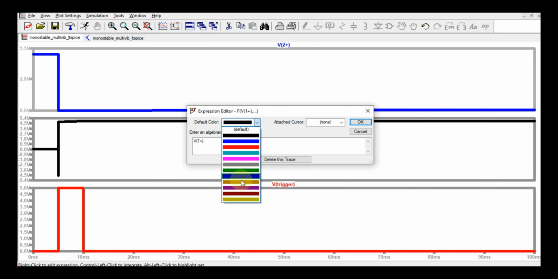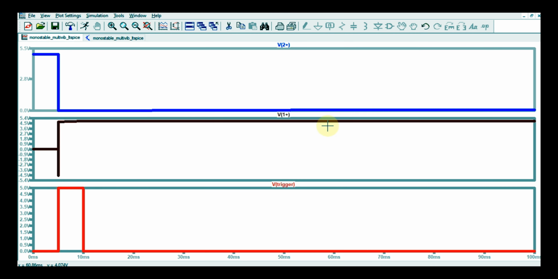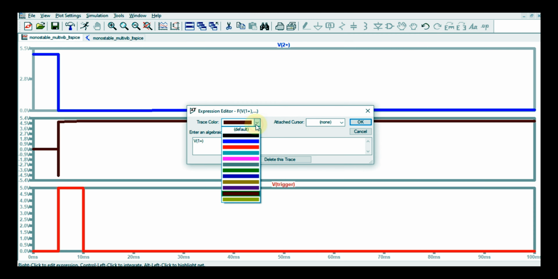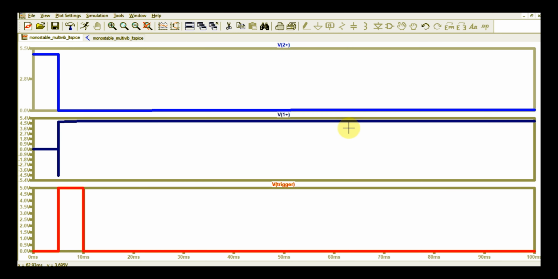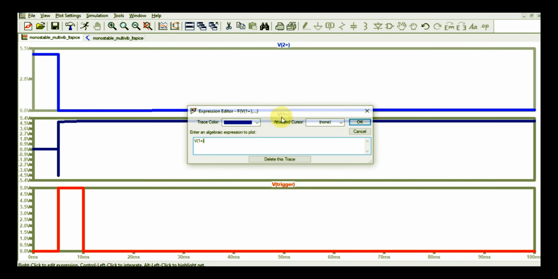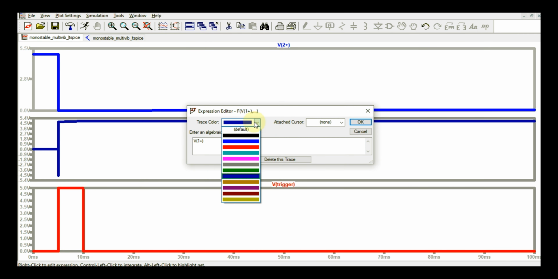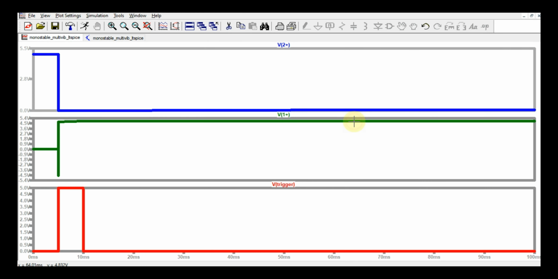Let me take this color. It is not good, let me take some other color. You can see here, this is the voltage at V1 plus and this is the voltage at V2 plus. I am still looking for a good color. No, let me take this, right?